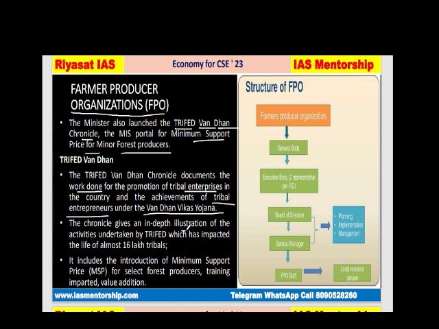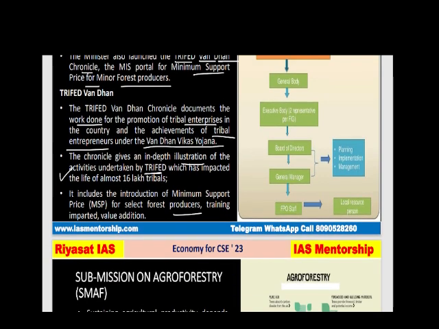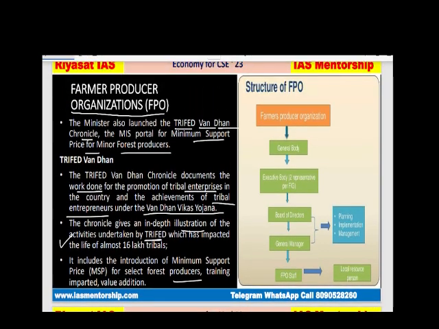It will provide a very good illustration of the activities done by TRIFED, the Tribal Cooperative Market Federation, which has affected the lives of around how many tribal people? 16 lakh. It will also include MSP, select forest produce, training imparted, value addition, everything will be there. Understood? Clear? Okay. Now coming back to the Farmer Producers Organization.